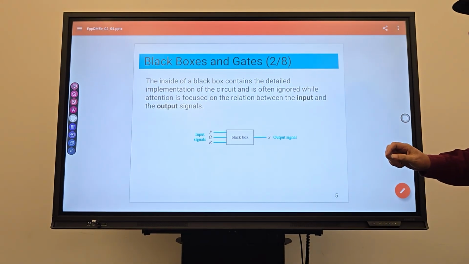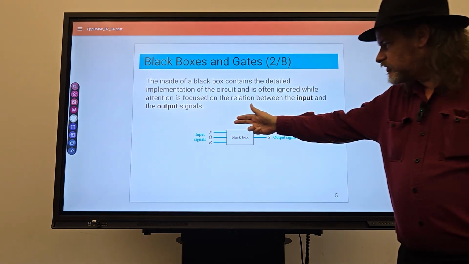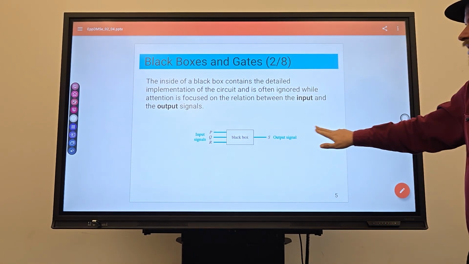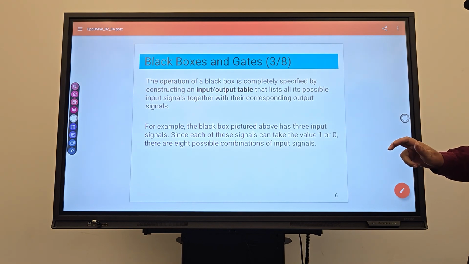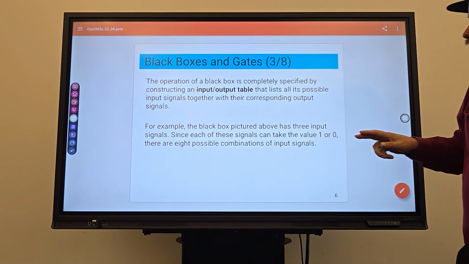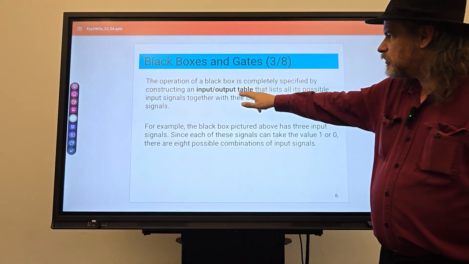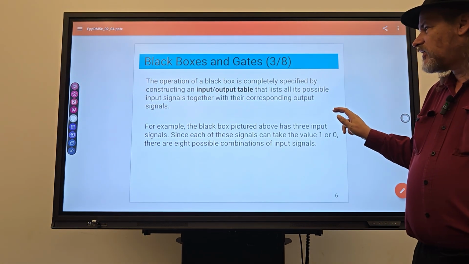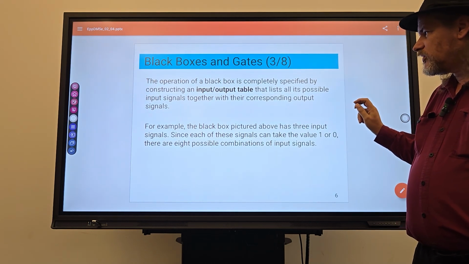So take this black box. It has 3 input signals, 1 output signal. What goes on in the middle doesn't really matter as long as the input-output table is predictable. And it lists all the possible input signals together with their corresponding output.